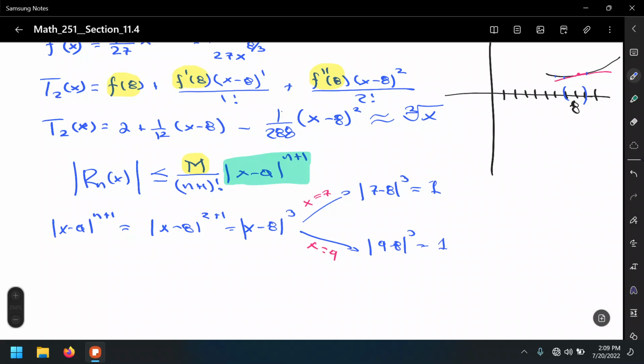That should be a 1. That's all it is. Of course, if we were looking at a wider neighborhood of values, instead of 7 to 9, say 8 minus 3 is 5, 8 plus 3, from 5 to 11, that number is going to differ. It's going to be different, and that's going to make a larger value.